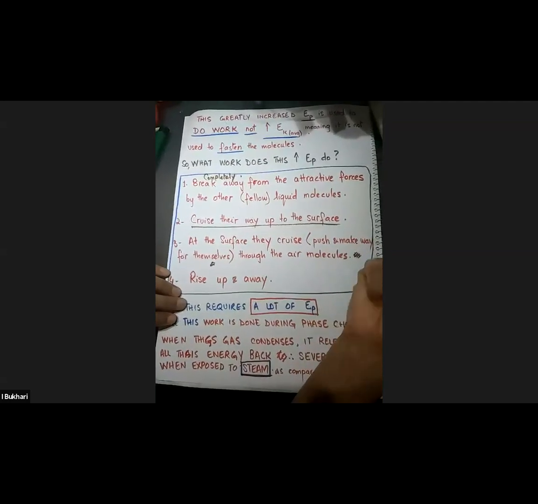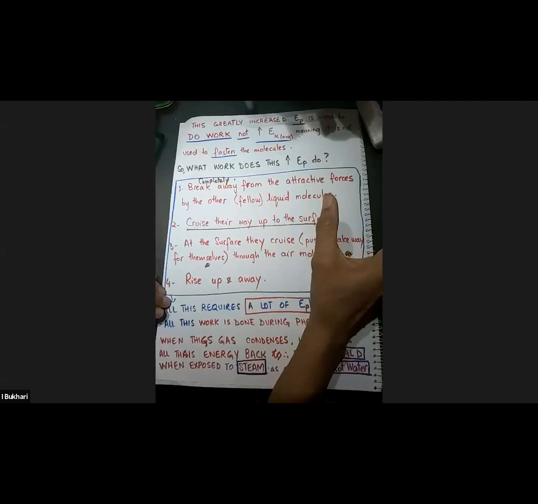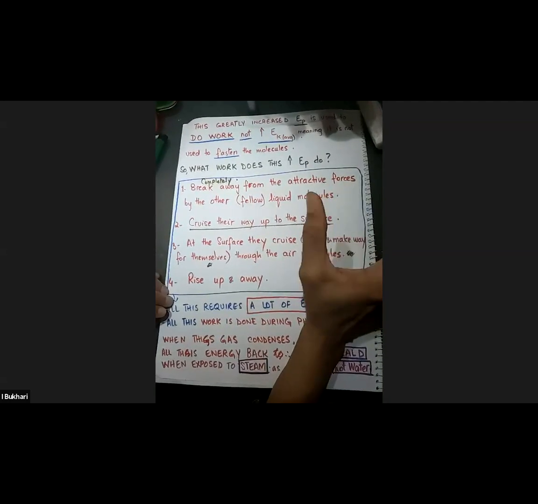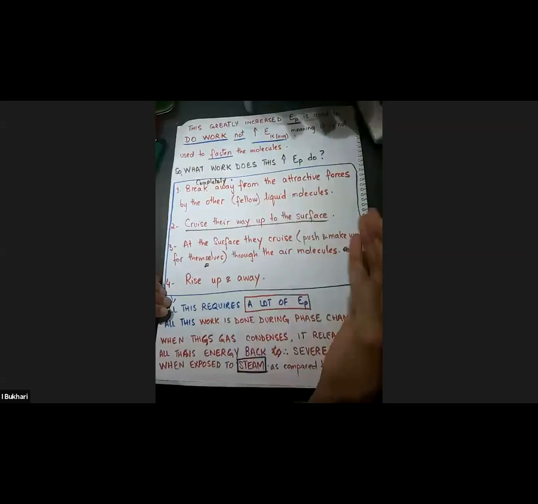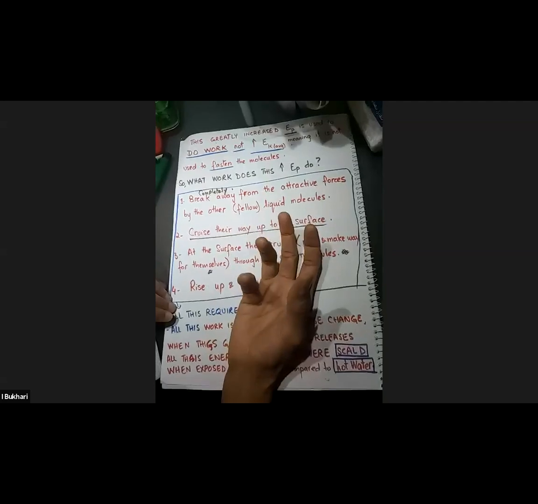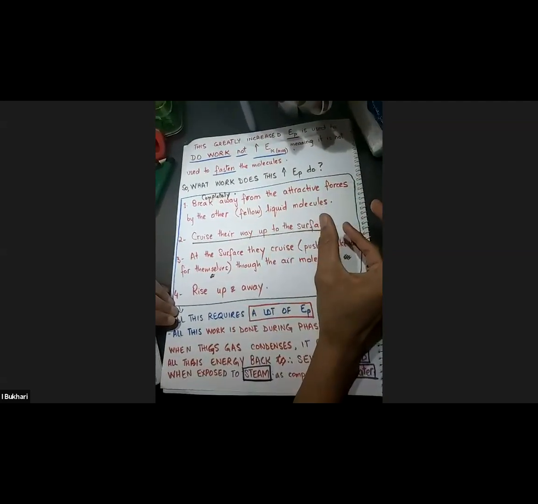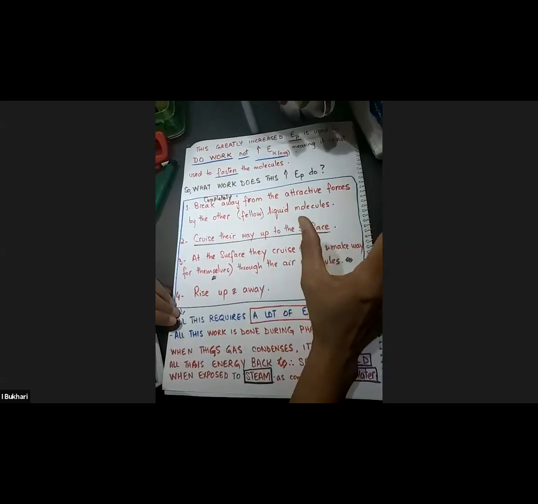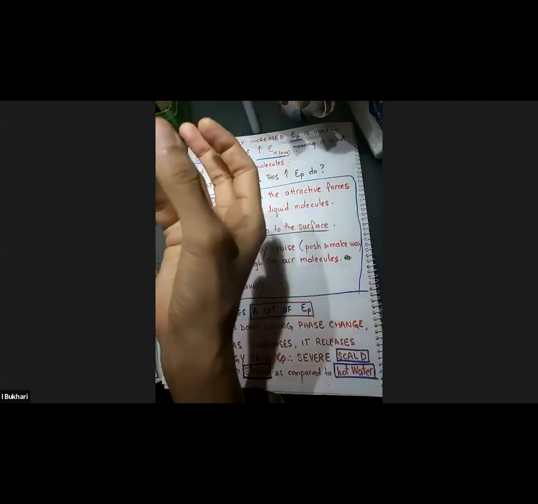Those molecules which have the highest amount of energy, and by energy I don't mean only kinetic energy, but total energy, meaning kinetic plus potential, or any other sort of energy that they might have. The total internal energy that the molecules have is too much.